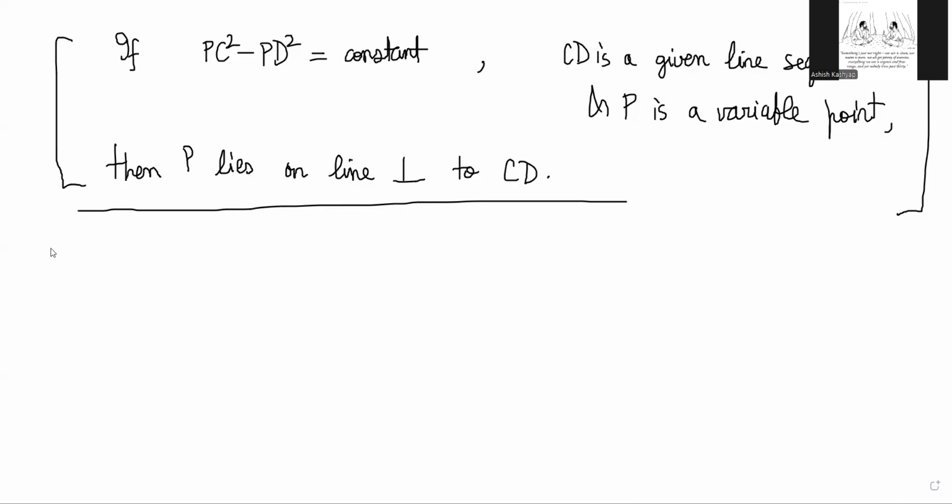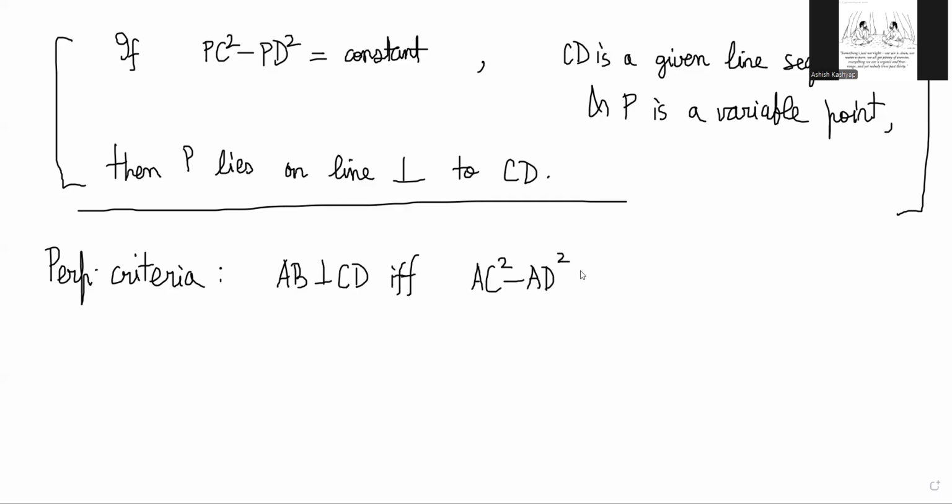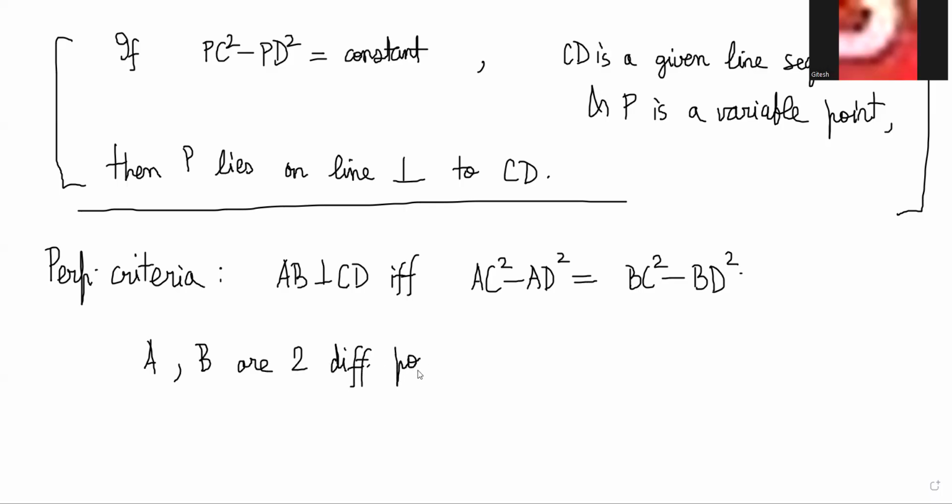Now look at the initial perpendicular criteria that we wanted to show. We wanted to show that AB is perpendicular to CD if and only if AC square minus AD square is equal to BC square minus BD square, right? Okay. So here, A and B are two different positions of P. Yes, sir.